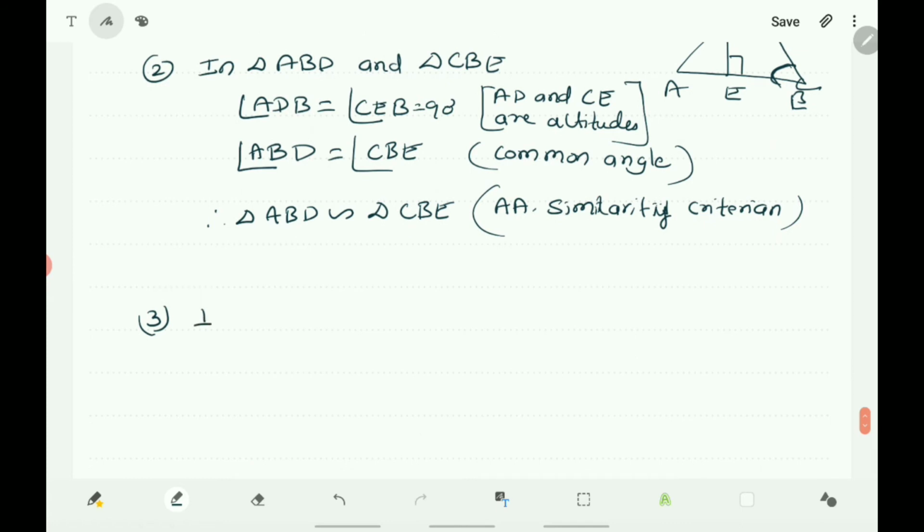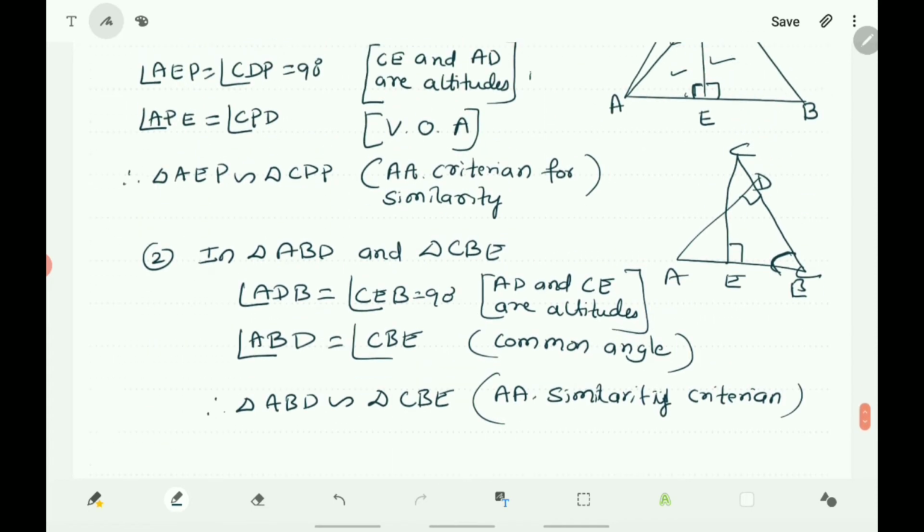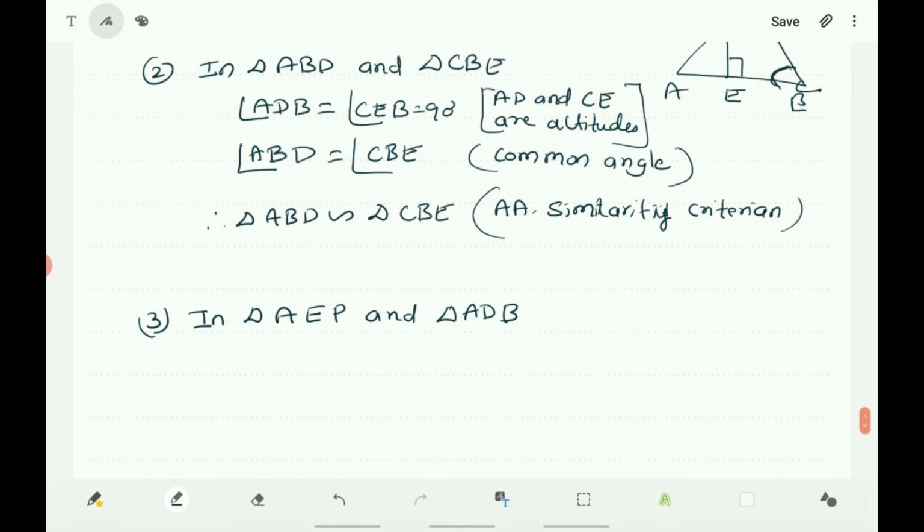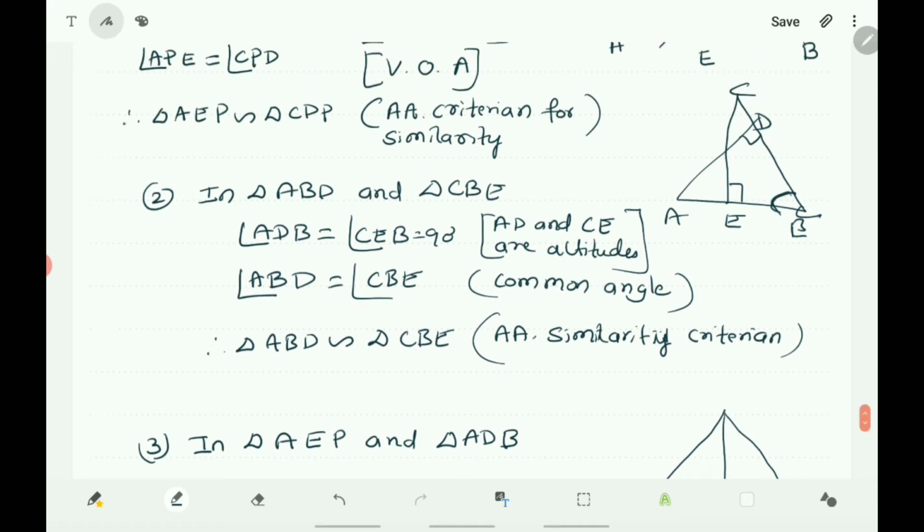So you take triangle AEP and triangle ADB. Here triangle AEP, and triangle ABD. The figure is like this, that is, here it is a point.